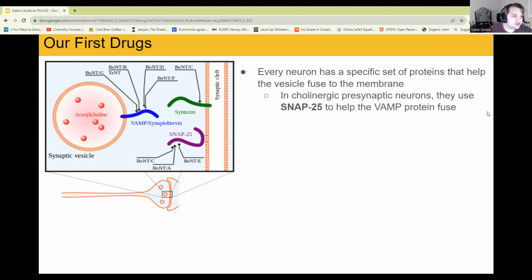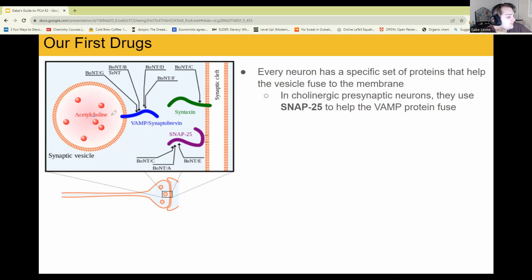Specifically, cholinergic neurons have the SNAP25, which is what's helping the acetylcholine vesicle dock to the membrane.